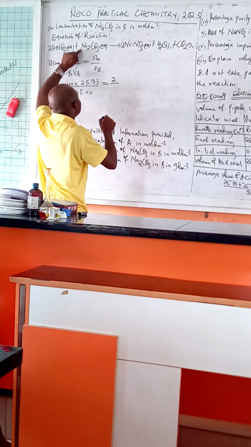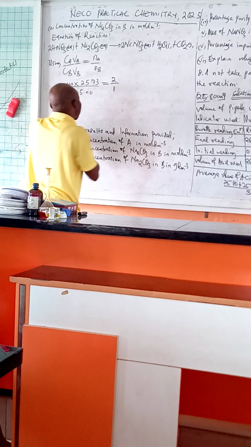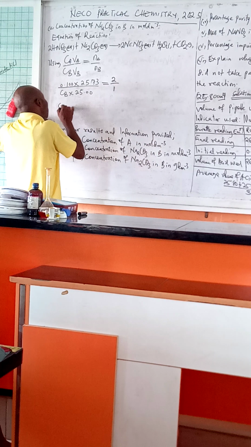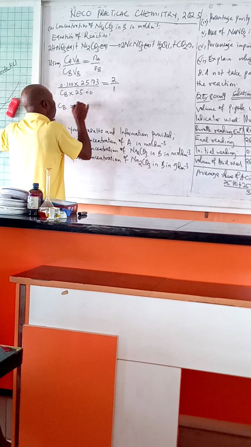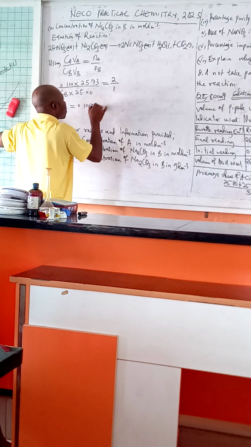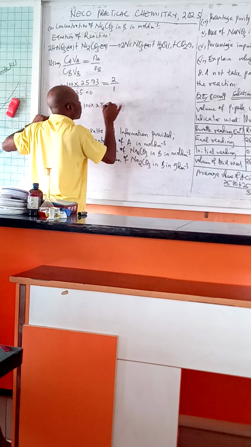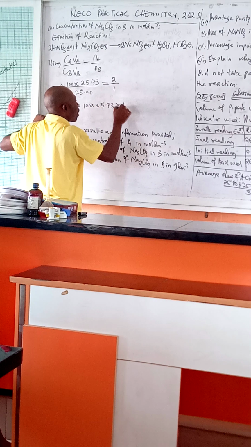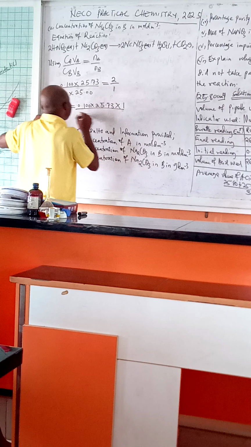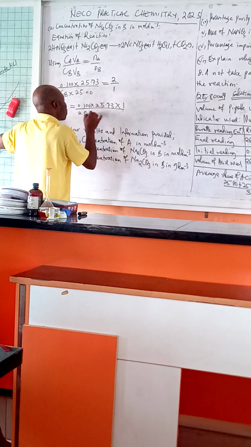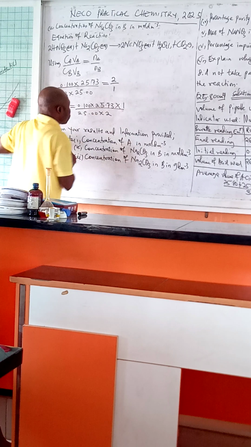Number of moles of the base here is 1. It means that our Cb will be equal to 0.100 times 25.73 multiplied by 1, all over 25.00 times 2.